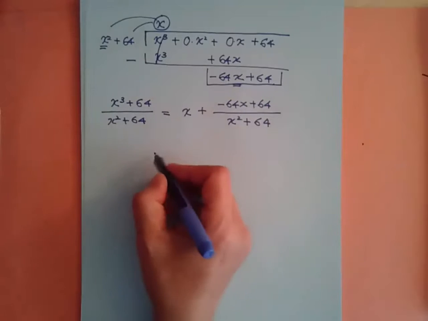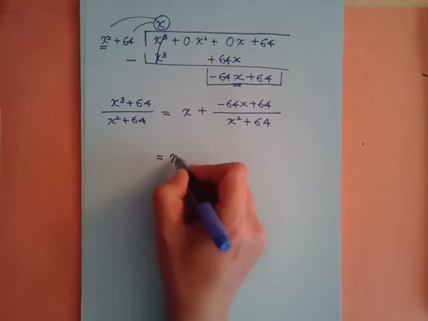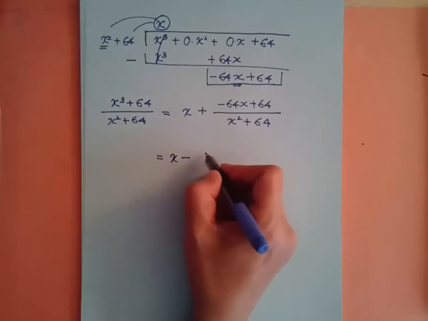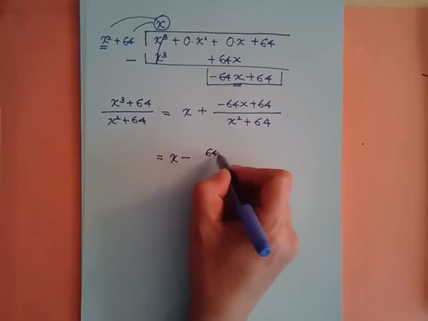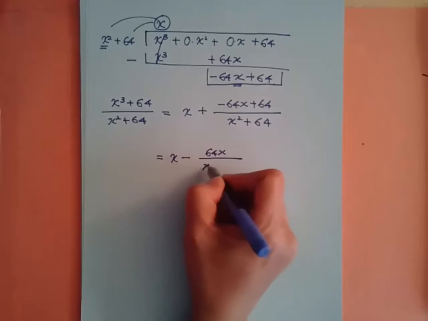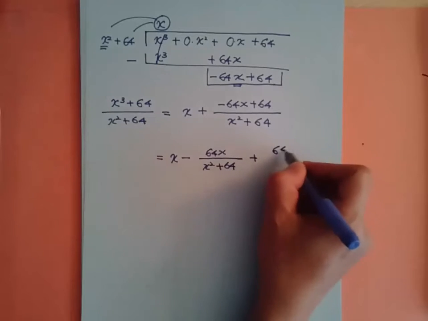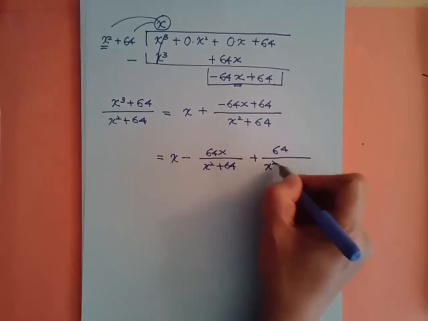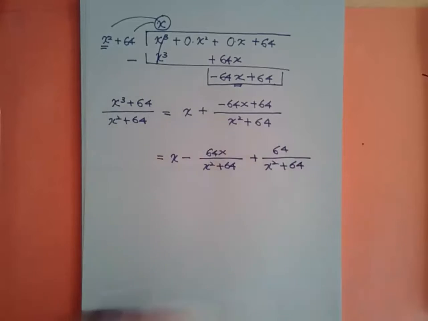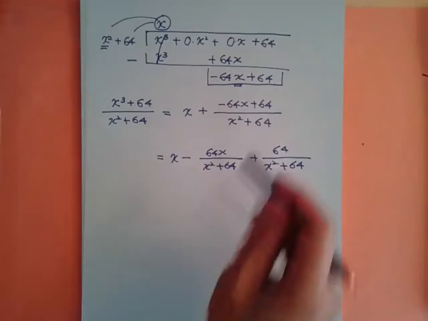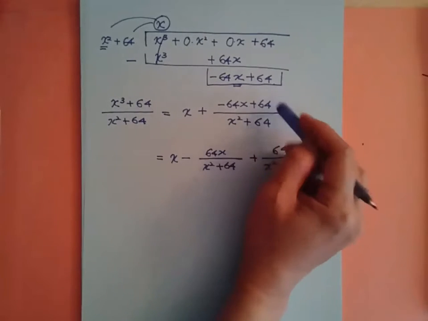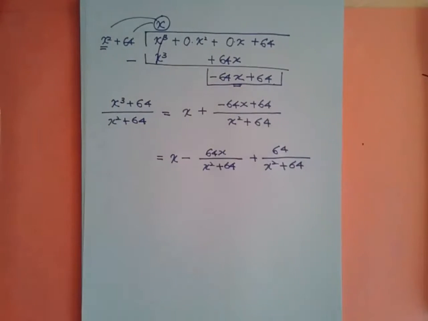So we will rewrite this as x minus 64x over x squared plus 64, plus 64 over x squared plus 64. By the way, you cannot cancel these out just because the 64s are the same.